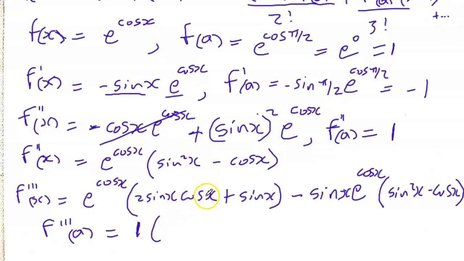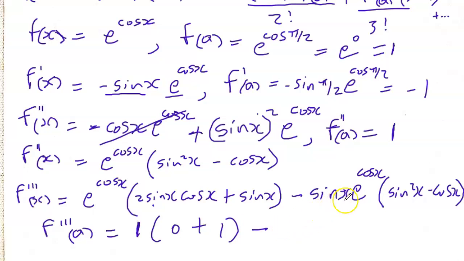In the bracket, cos 90 is cos pi over 2, same as cos 90 degrees, pi over 2 radians. And let me use 90. Cos 90, that's 0, so all of that will become 0. Plus, and sine 90 is 1. Minus, sine 90 is 1.